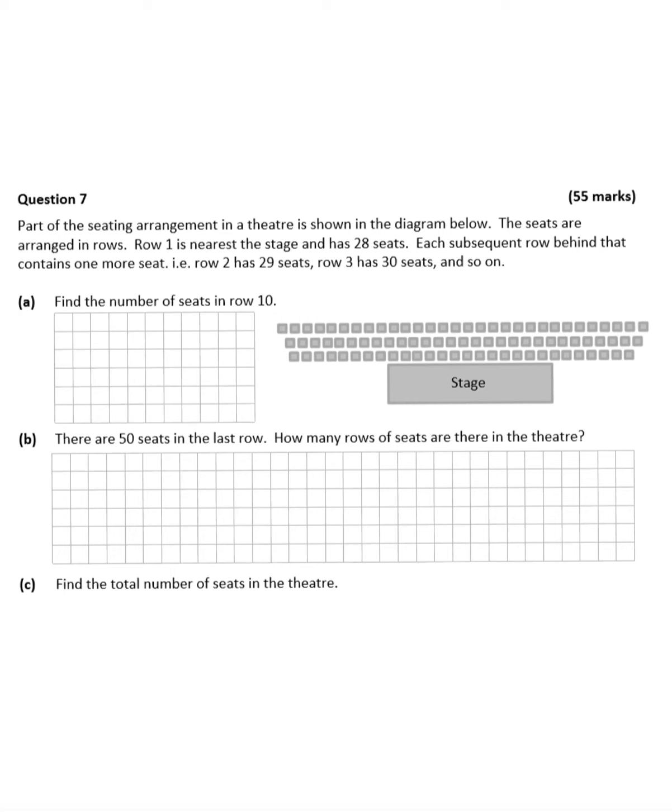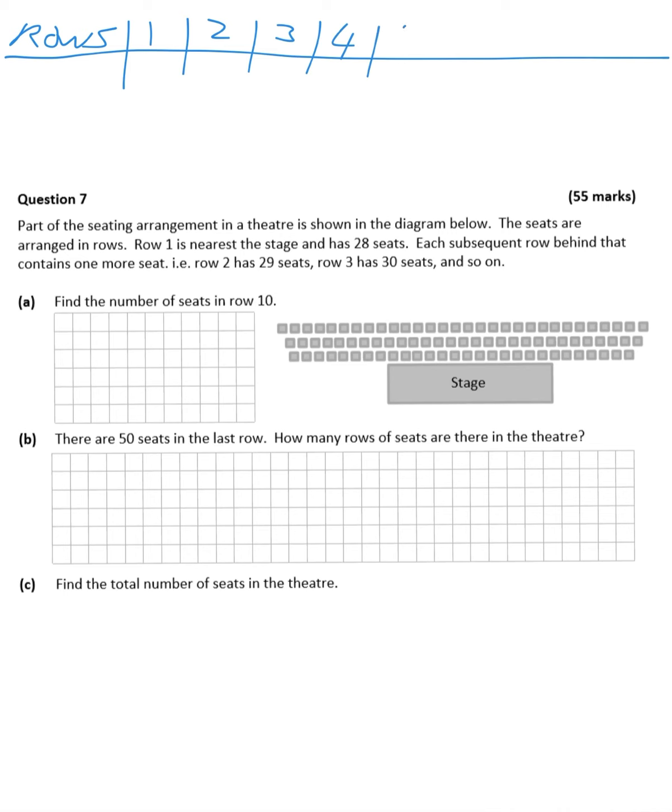Part A then, we need to find the number of seats in row 10. So I'm just going to make out a table here. So the rows, 1, 2, 3, 4, 5, 6, 7, 8, 9, 10. And then the seats will be next. We're told row 1 is nearest the stage and that has 28 seats.